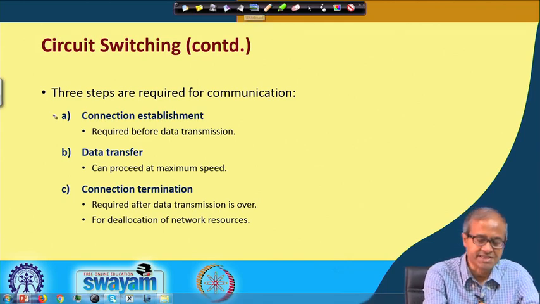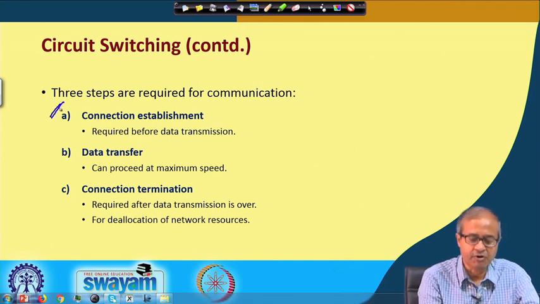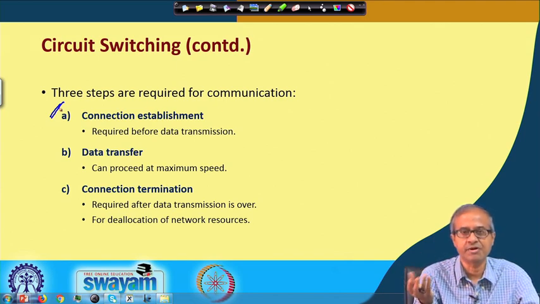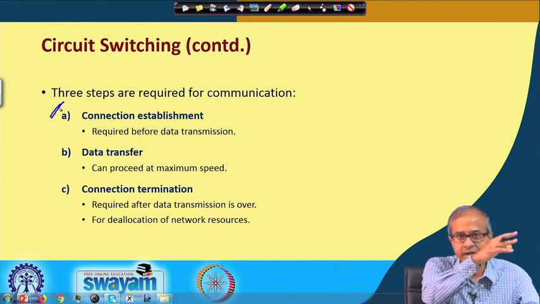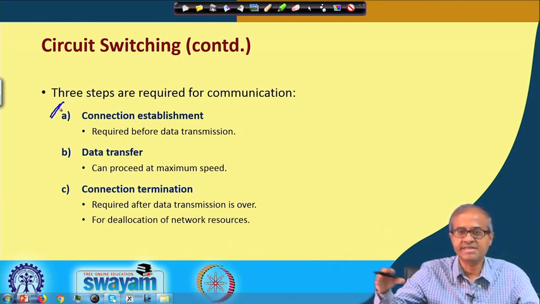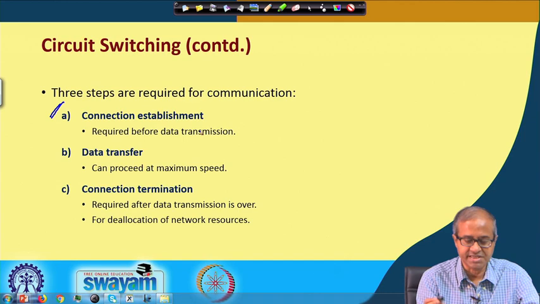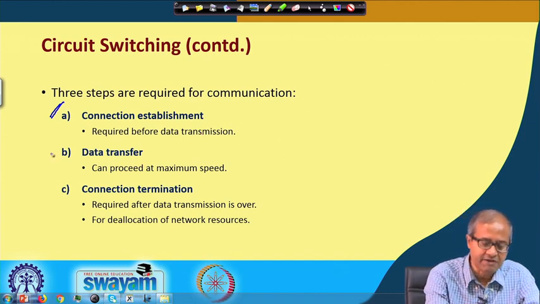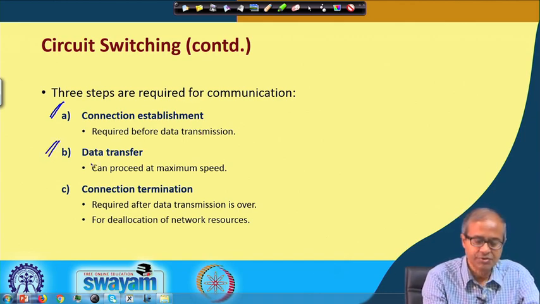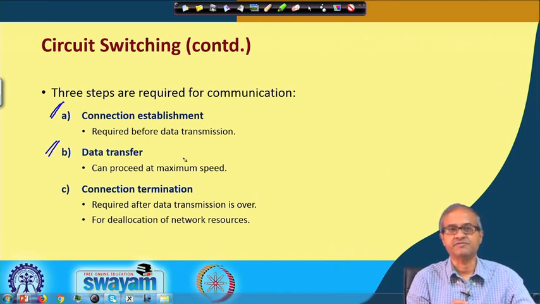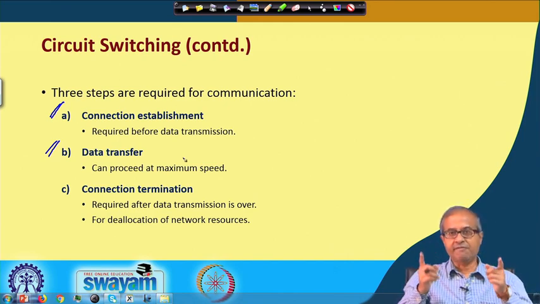The first is clearly a step of connection establishment, just like when you are dialing a telephone, that step is the connection establishment phase, where the dedicated channels or links are getting established. This is required before the data transmission can start, and once you have the connection established, you can actually carry out the data transfer.